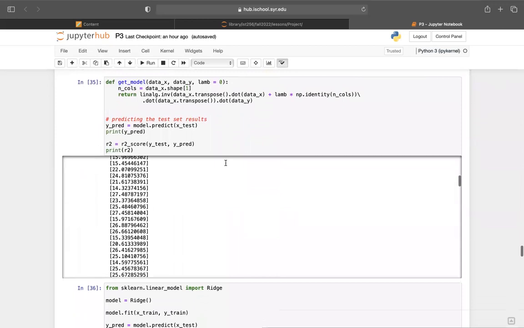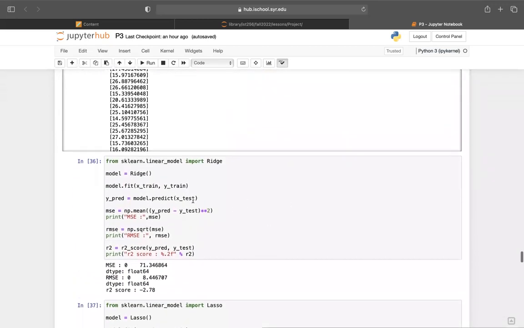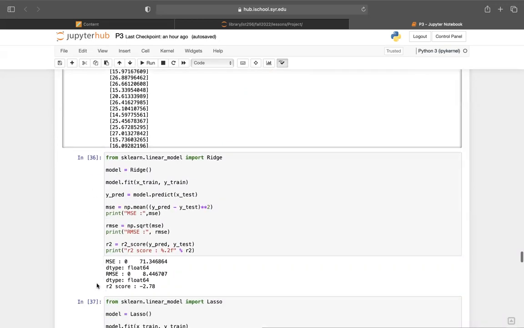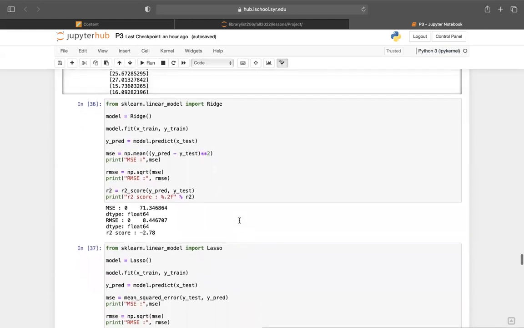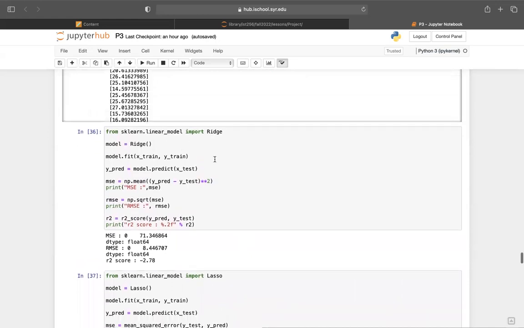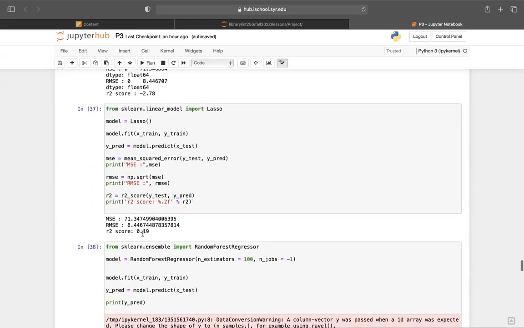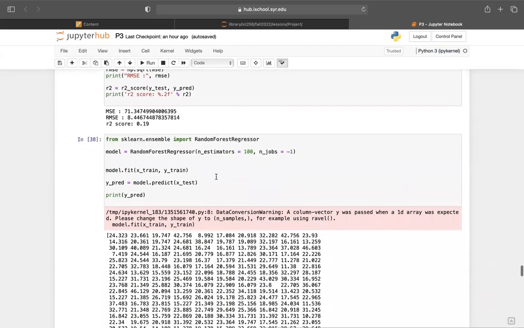Then we can see for Ridge, we calculate the R2 score, which is negative, so it is a bad model for the linear model. Then there's another way called Lasso, and the R2 score was 0.19, which is pretty close to our accurate score.